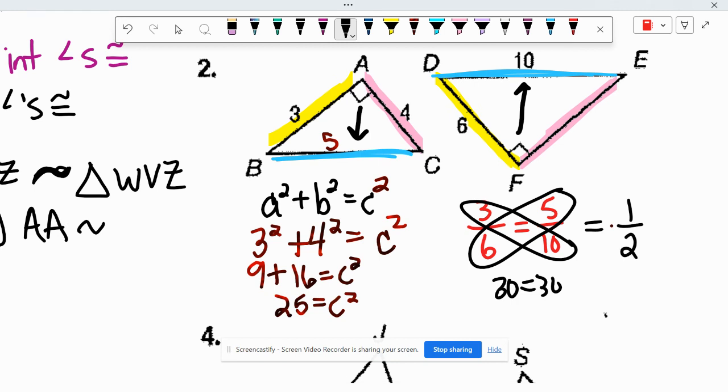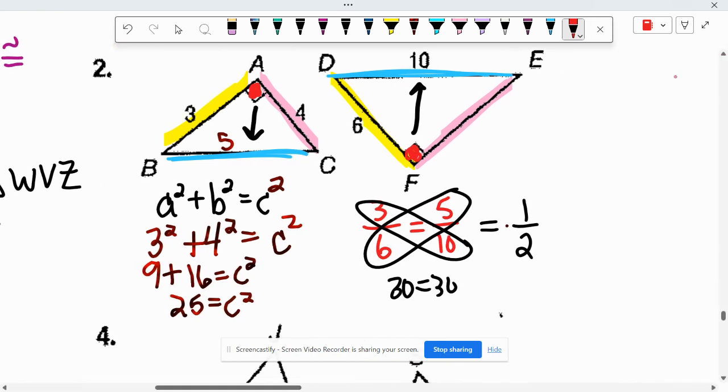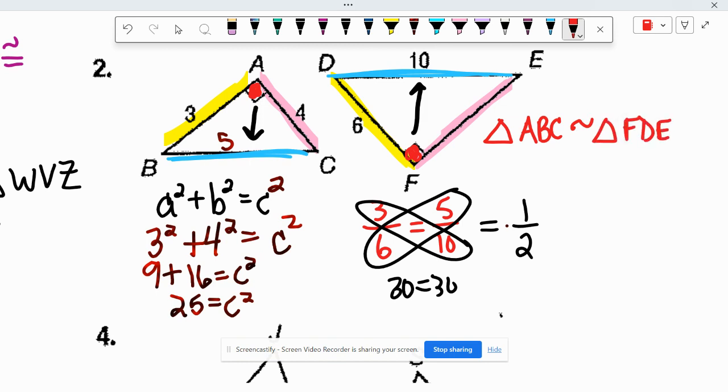Okay. What do we know about right angles? What do we know about this right angle compared to this right angle? They're the same, right? They're congruent to each other. So I can say that triangle ABC is similar to triangle FDE by side angle side similarity.